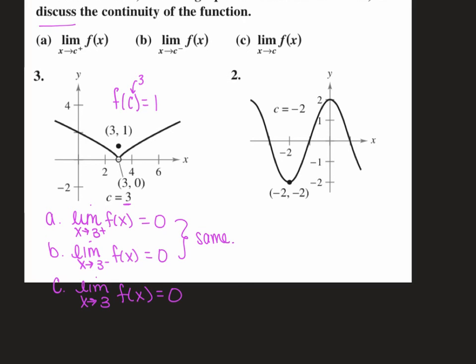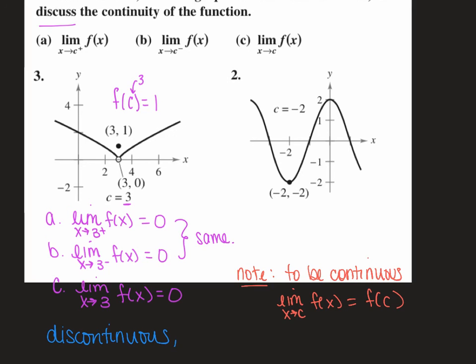So I'm going to write a little note down here again, just to remind ourselves: to be continuous, the limit as x approaches c of f of x must equal the function value when you plug in c. And for us, we can clearly see, if we wanted to discuss this continuity, this is going to be discontinuous.